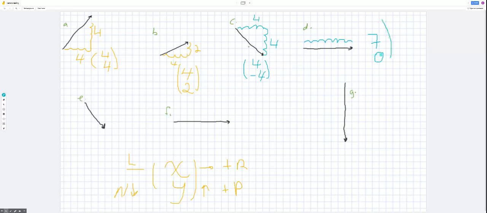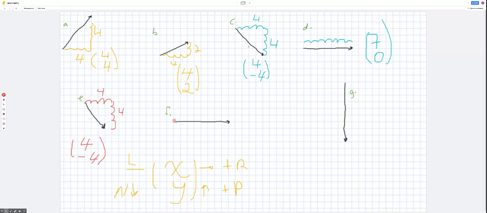So this vector is 7 and 0. For the next one, on the x-axis we had 1, 2, 3, 4, so that's 4 here. And on the y, we have 1, 2, 3, 4. It is 4 on the x-axis, and because on the y we're going down, that is negative 4.